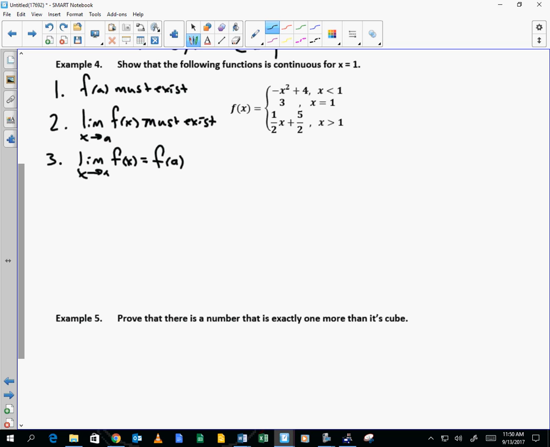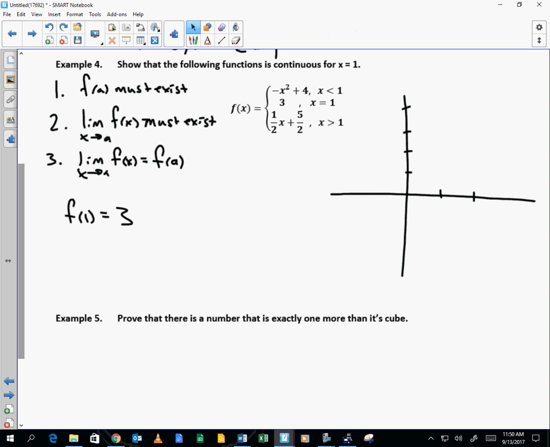All right, so let's show that this is continuous. First condition. What is f of 1? If you plug 1 in, you get 3. Everybody agreed? Okay. I'm going to draw a graph to help us with the rest of this. I have negative x squared plus 4.